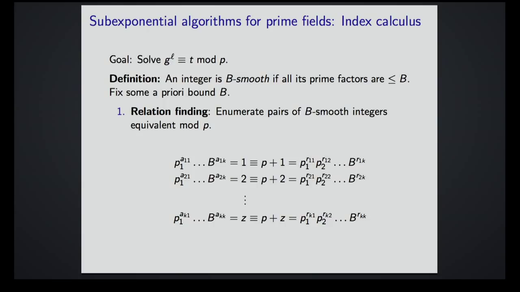And a relation is just a pair of integers that are equal mod p and that are both B-smooth. So we are going to enumerate integers. We're going to try to factor both of them or write down their prime factorizations. And if the prime factorizations are B-smooth, then we save them. And we do this until we get enough relations. These are called sieving algorithms because usually you use some kind of sieve to actually discover the prime factorization.